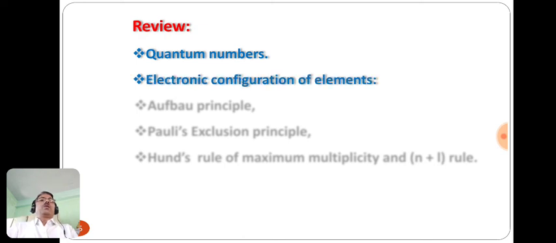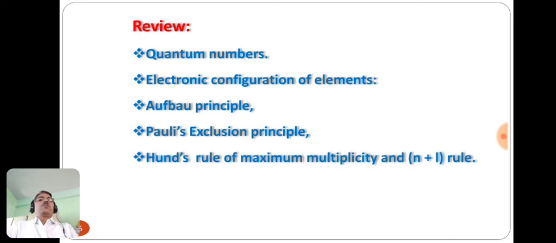We also studied the distribution of electrons, or electronic configuration of elements. We have studied the Aufbau principle, Pauli's exclusion principle, Hund's rule of maximum multiplicity, and the n plus l rule. In this way we have completed the chapter atomic structure.